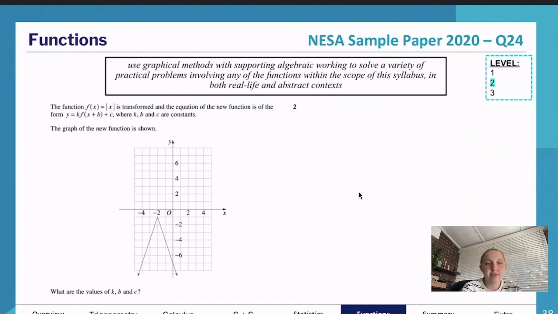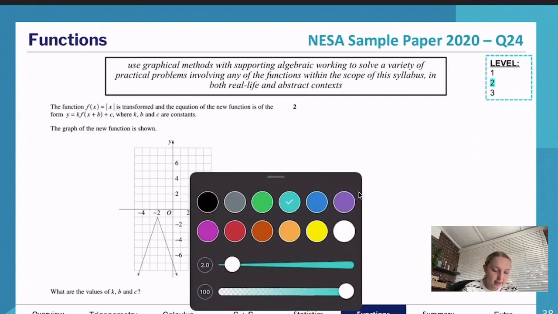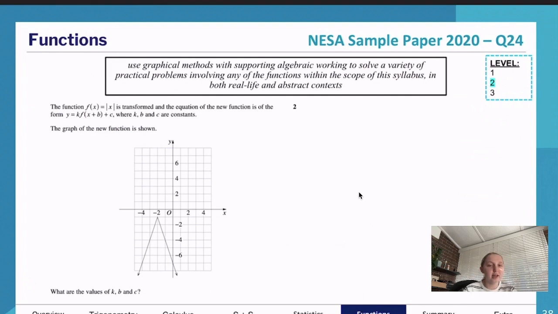So the function f of x is equal to the absolute value of x is transformed, and the equation of the new function of the form y equals k f of x plus b plus c, where k, b, and c are constants. The graph of the new function is shown. What are the values of k, b, and c? Okay, so this I think would probably be considered year 11 because you do the majority of this stuff in year 11.